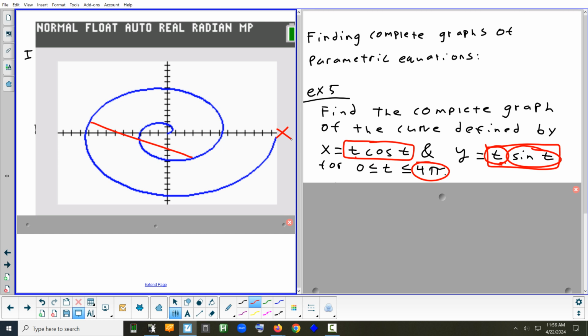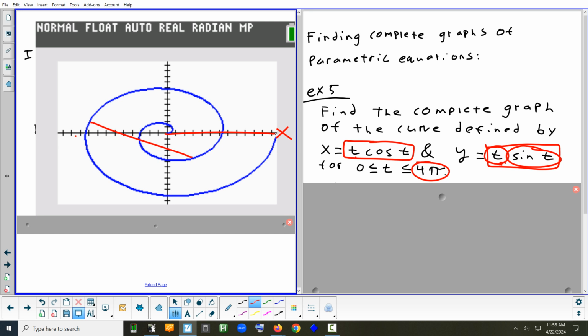The y min is close, but it didn't need 4 pi. The x min definitely didn't need it, and the y max definitely didn't. So when you're graphing a whole revolution, the x max is where the longest part of the spiral ends up, way over there, if you stop at a full revolution. So that's a spiral.